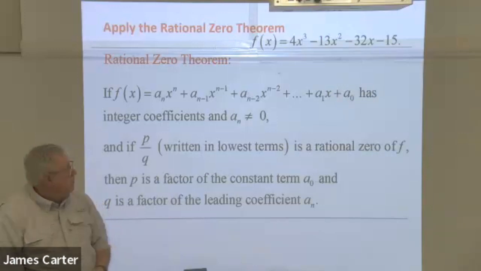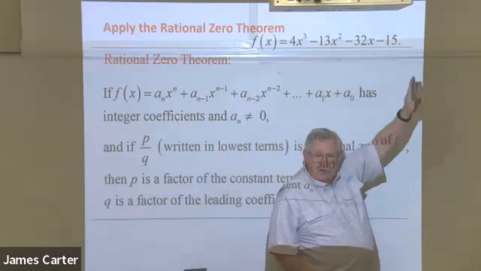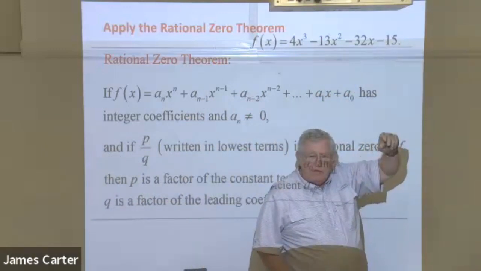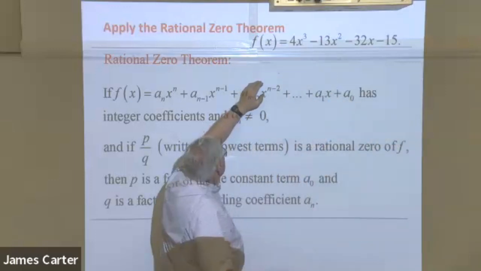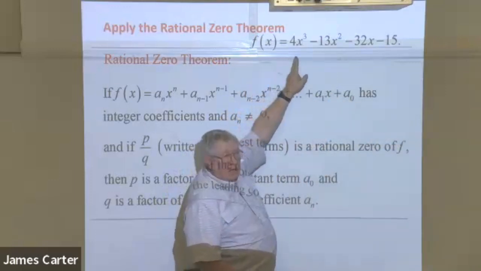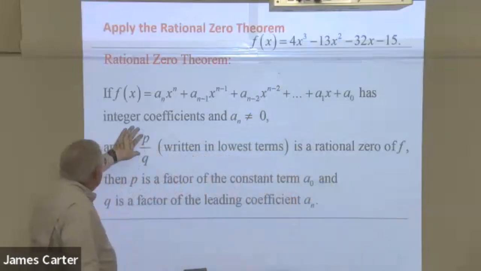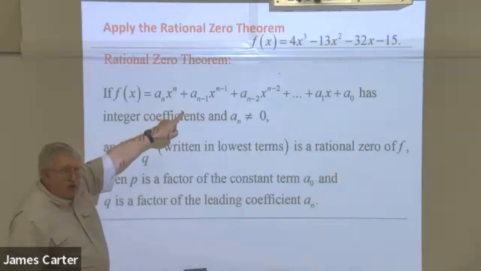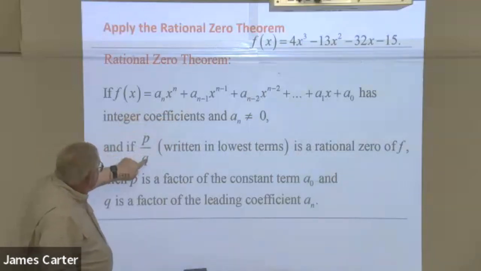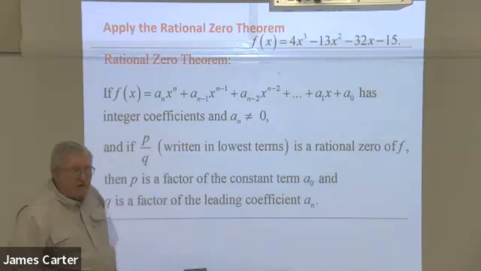Any of the factors of 15: 1, 3, 5, 15. You also have the factors of 1, 2, and 4, which are going to be in the denominator, whereas the factors of the 15 are going to be in the numerator.